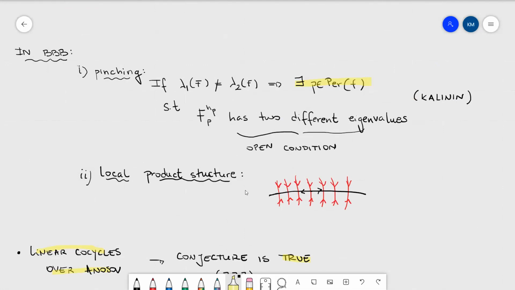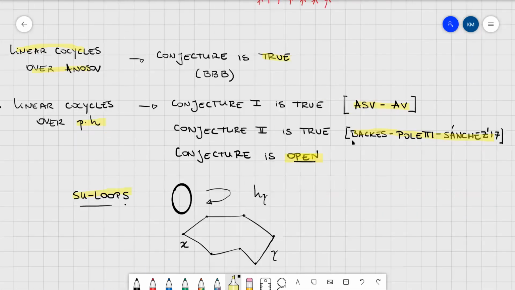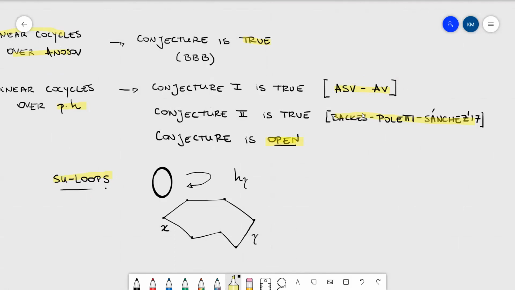Both weaker conjecture 1 and conjecture 2 are possible to prove without using this local product structure, but they need something like this pinching condition. So you have to deal with this problem in order to prove conjecture 1 and conjecture 2. And so the way that these papers deal with that problem is by studying SU loops.